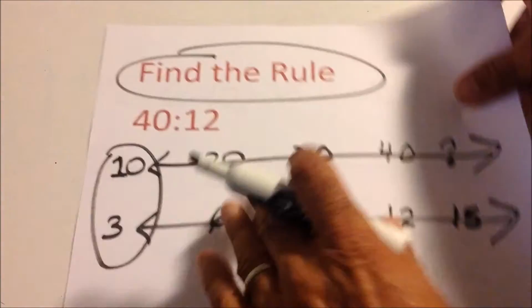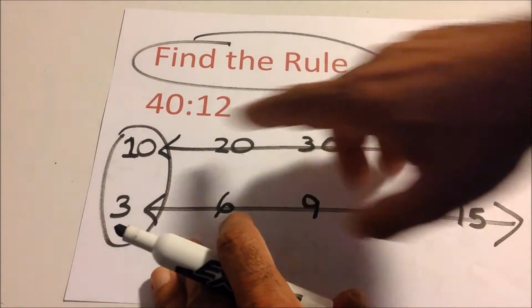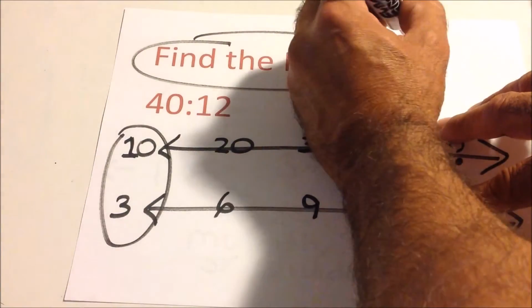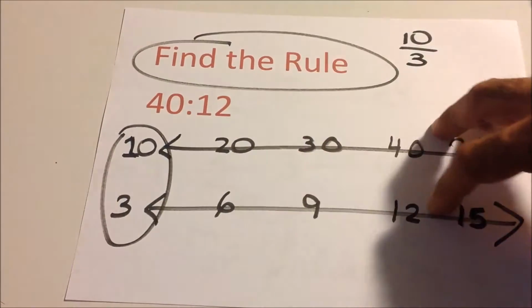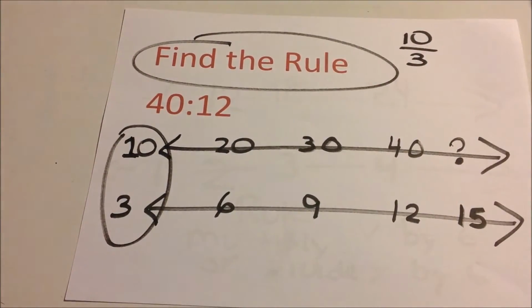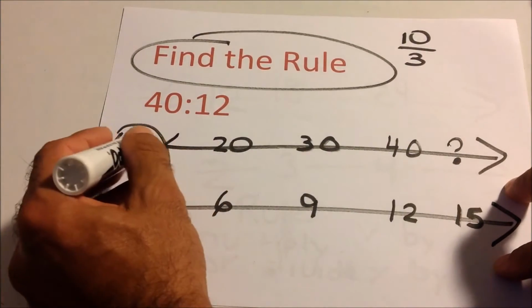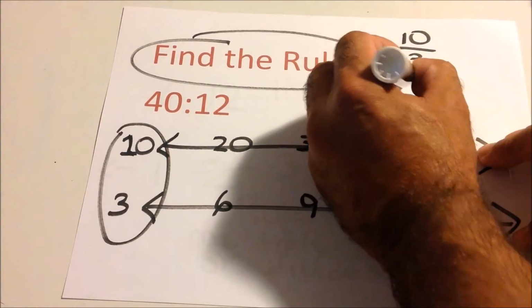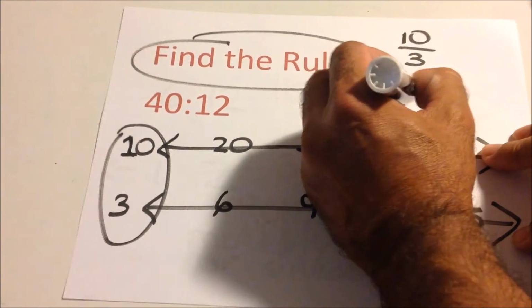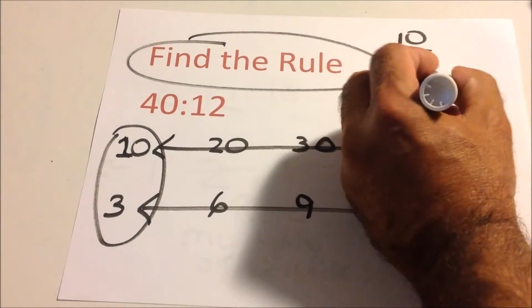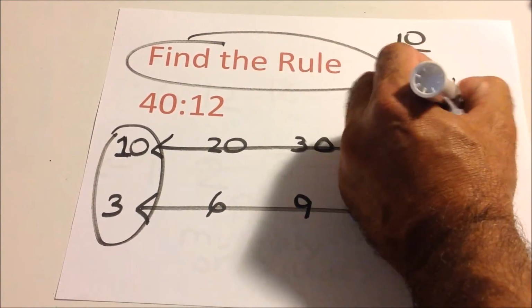So let's go back here. The rule is 10 over 3. That's the rule. So what do we do with that rule? So let's say you had the top number 10. We'll put it over here, 10. And we did 10 divided by 10 over 3.